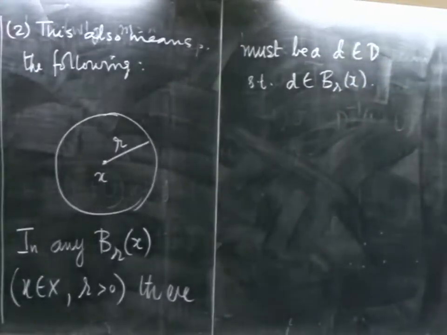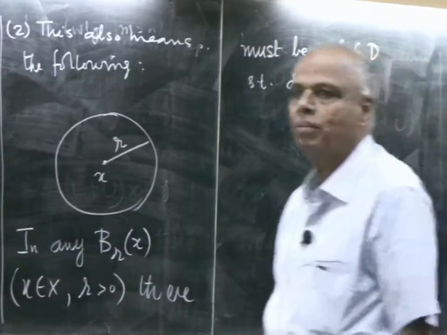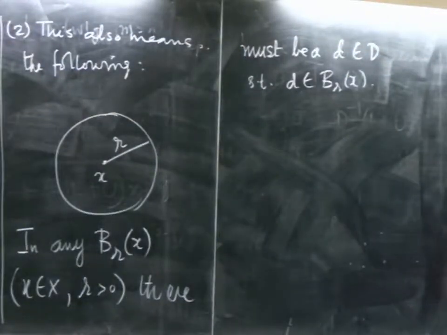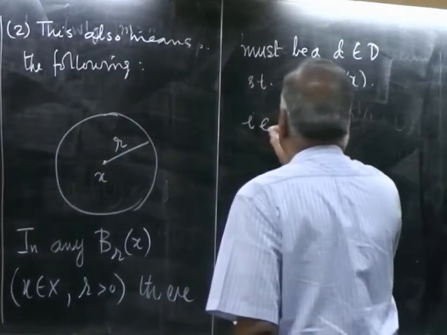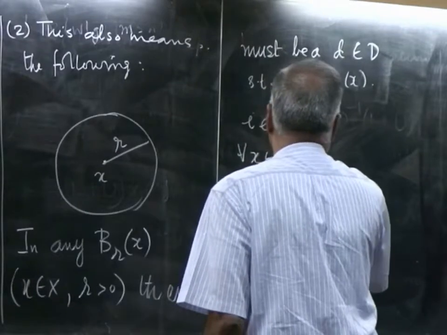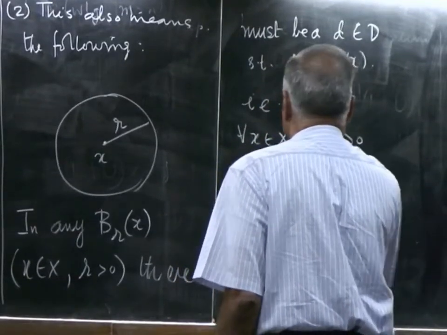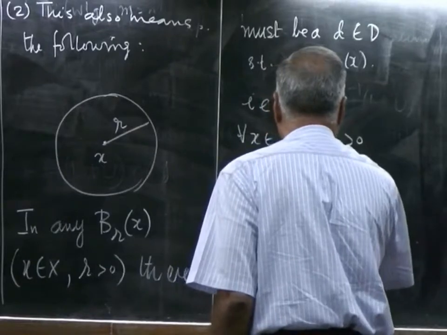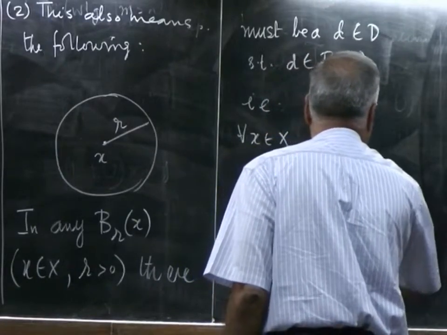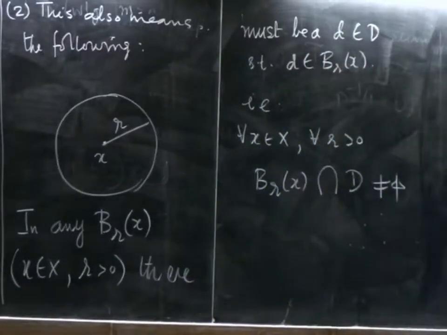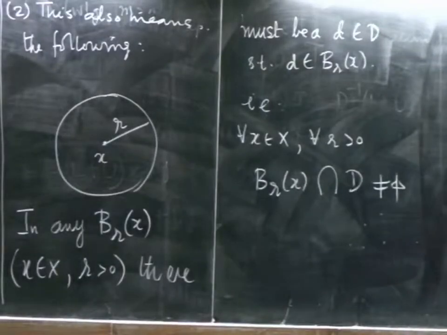What does this mean? That is, every open ball must contain at least one point of D, or the intersection of any open ball with D will be non-empty. So that is, for every x in X, for every r greater than 0, B_r(x) intersected with D is non-empty. You can also say that.